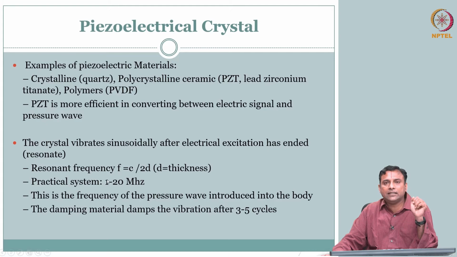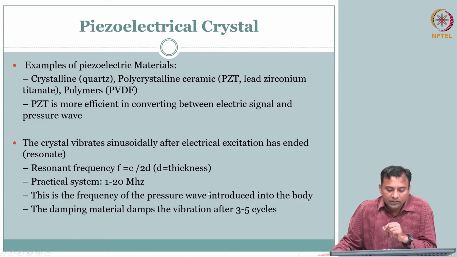So practical systems are in the range of 1 to 20 megahertz. Of course, you really do not just introduce this. We will usually damp it so that you have about 3 to 5 cycles that go in. Okay. So this is the pressure wave that is introduced into the body.